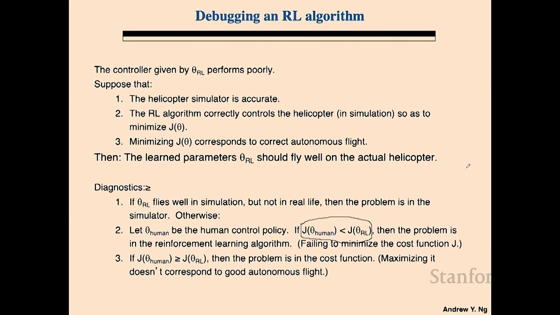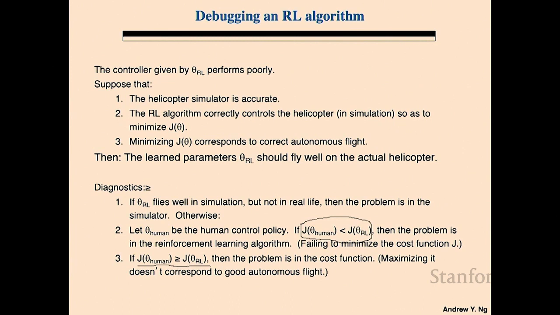The other case would be if the sign of the inequality is the other way around. In this case, you can infer that the problem is in the cost function, because the human is flying better than your reinforcement learning algorithm, but the human is achieving what looks like a worse cost.